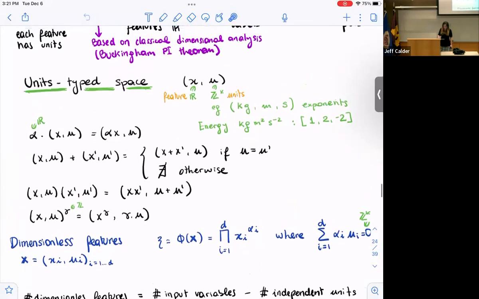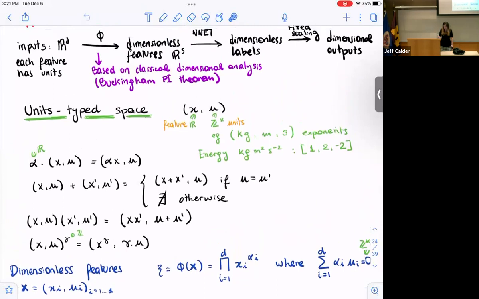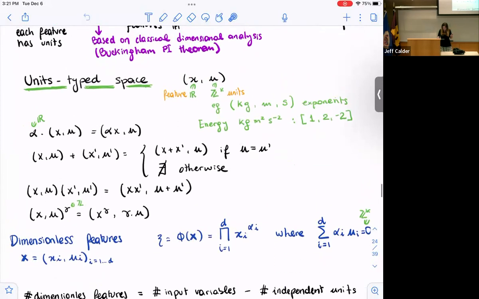But basically, an element X has a vector of units, which is like K units. For instance, energy has a value and it has 1, 2, -2 as a vector of units.